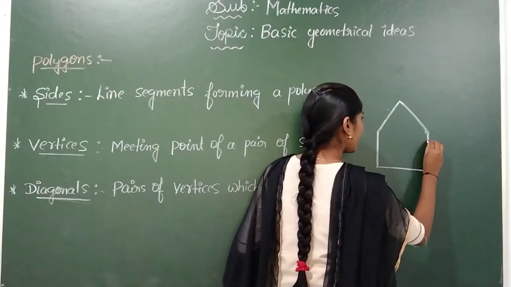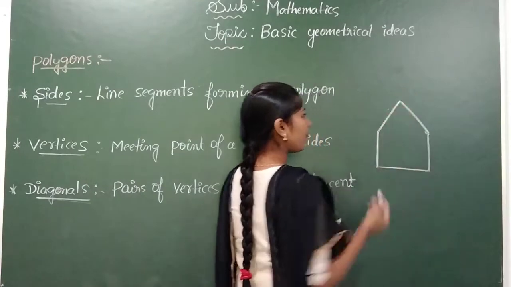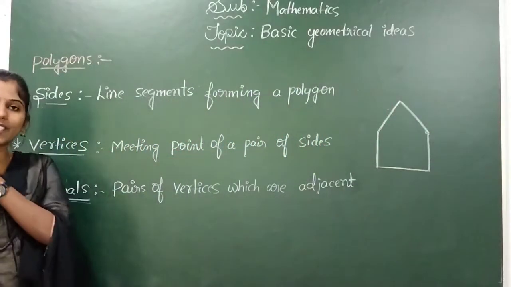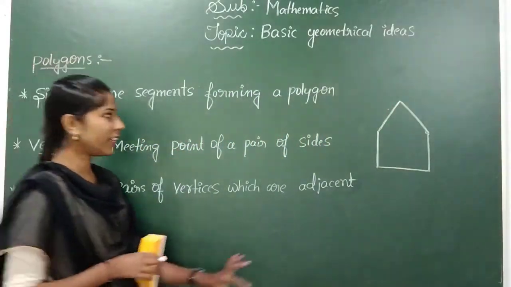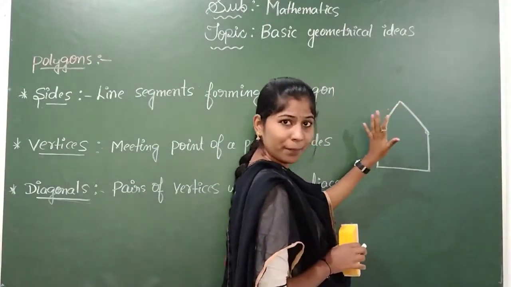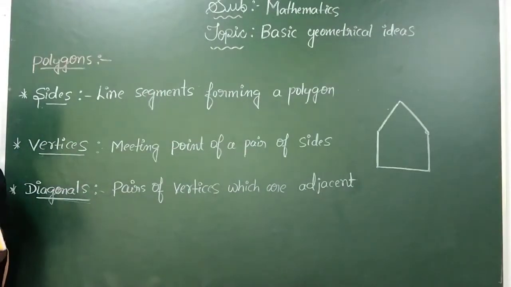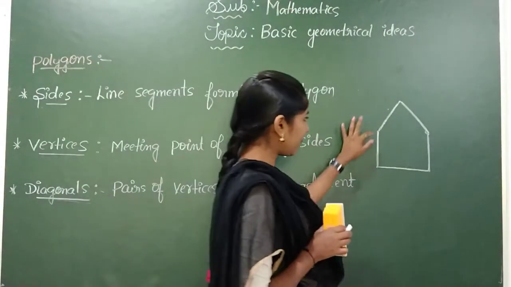And how can you define a closed figure? The initial point and final point are the same. That is a closed figure. So I started from here and ended at this point only. So this is called a closed figure and it is entirely made by line segments.